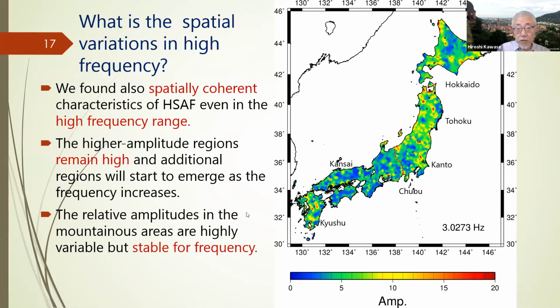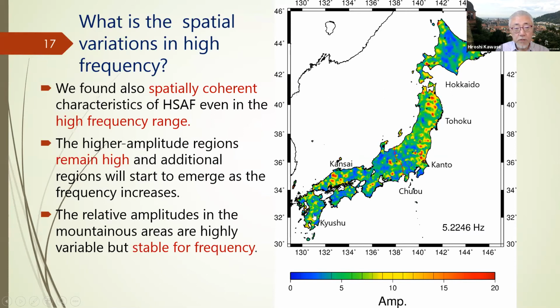And we can see high frequency amplification from 3 Hertz to 6 Hertz here. And we found also very spatially coherent characteristics, even in this kind of high frequency range. And once it becomes higher, then the higher amplitude region remains high.